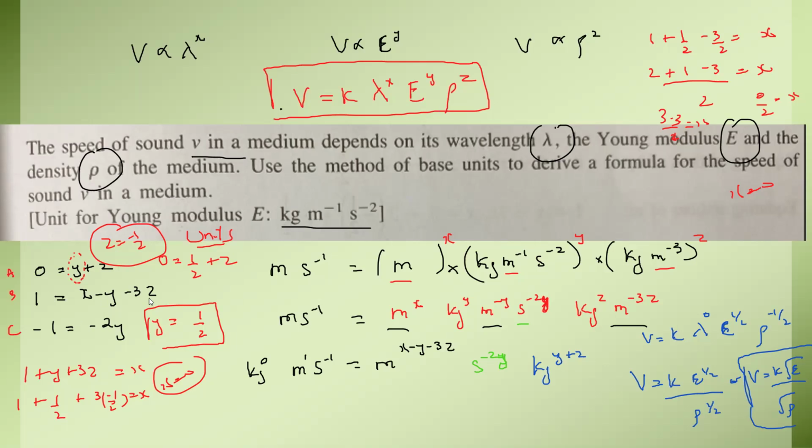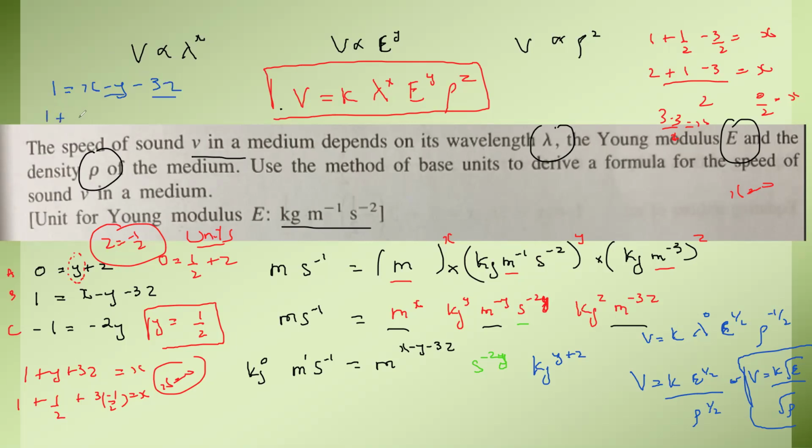Yeah, x minus y minus 3z is equal to 1. So we were having this, and that whole was equal to 1. When you simplify, 1 is equal to x minus y minus 3z. Minus y and minus 3z, I move to the other side.